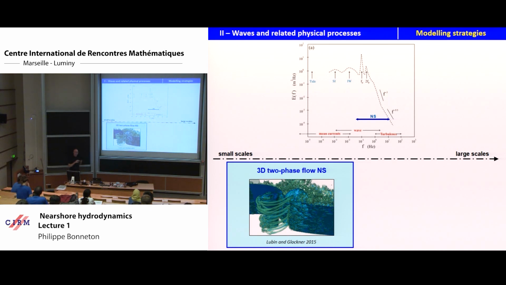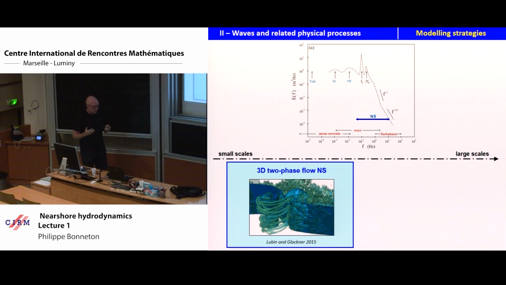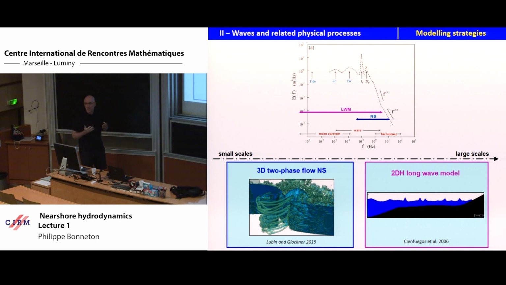However, such an approach is really limited to small-scale processes and relatively simple configurations. For real applications, we need another approach. The most frequently used approach for coastal applications is based on 2D horizontal long wave models.